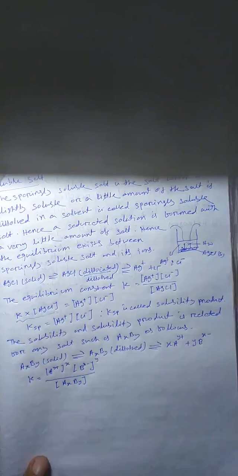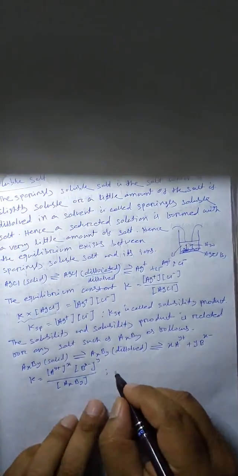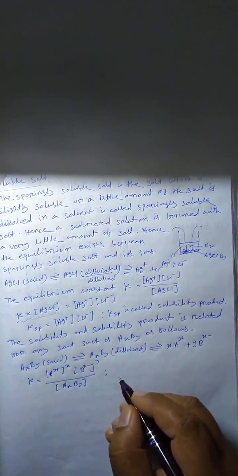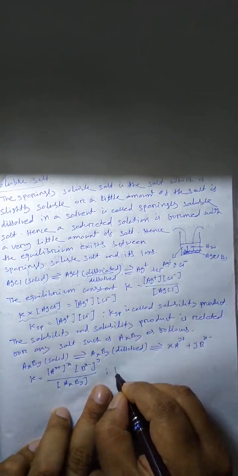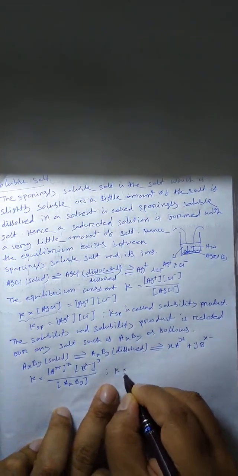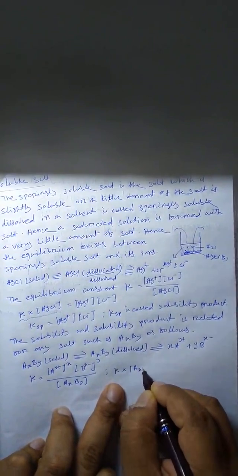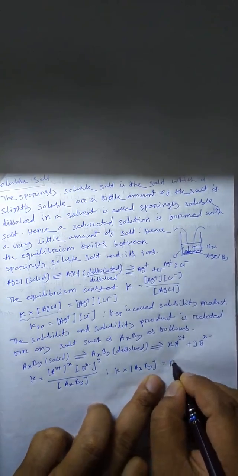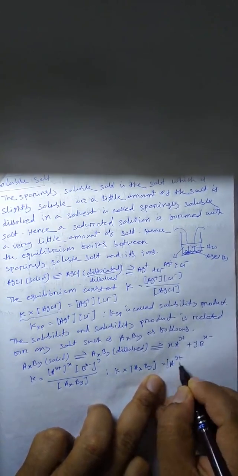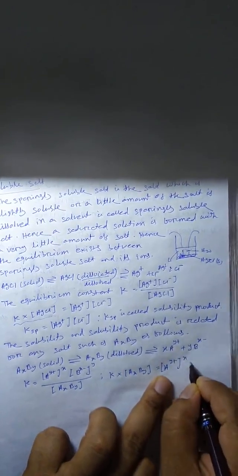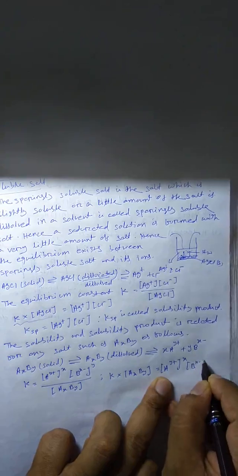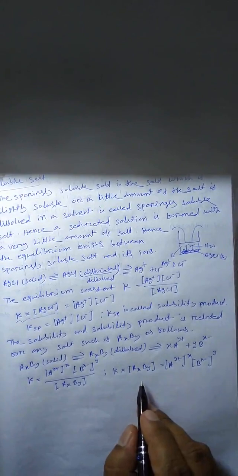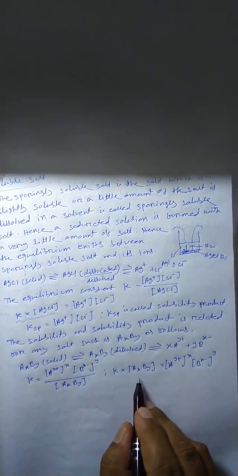When this is multiplied with the equilibrium constant, we get the solubility product. That means K multiplied with the concentration of AX BY is equal to A Y plus to the power X whole of B X minus to the power Y. This is called KSP.